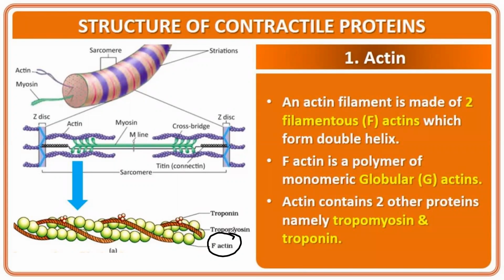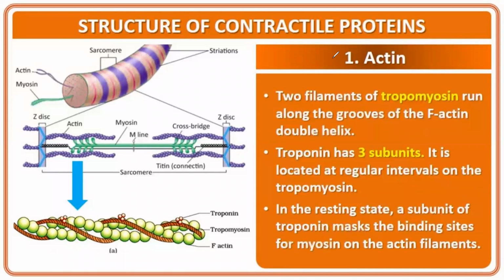F actin is a polymer of monomeric globular G actins. So here you can see the circle loops are the G actins which are globular in structure. Actin contains two other proteins which are known as tropomyosin and troponin. So it has three basic structures: F actin, tropomyosin and troponin.